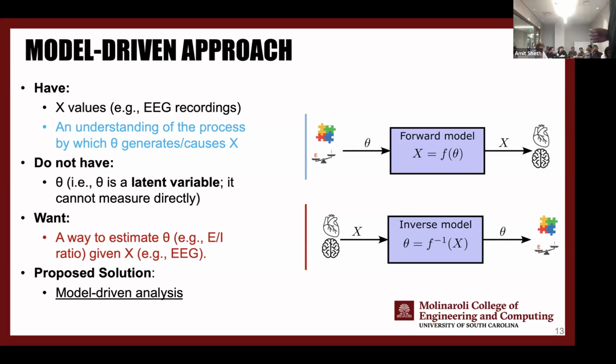How are theta, the input, and your output X, your observation, functionally related? Now, what you want is a way to invert that, to do your inverse model: starting from the data, passing them through the inverse of your forward model to obtain theta. That's my inverse model.